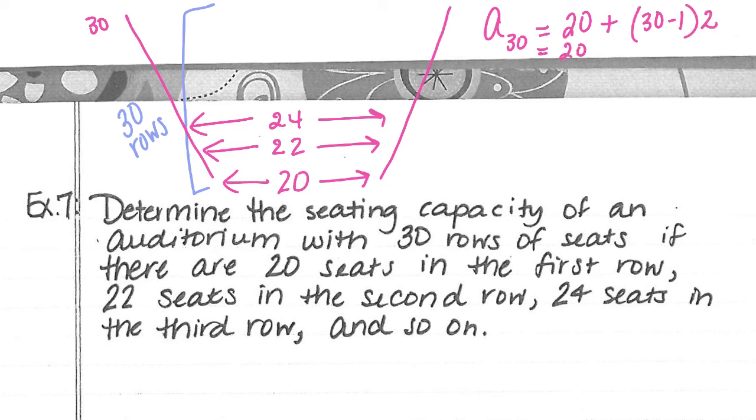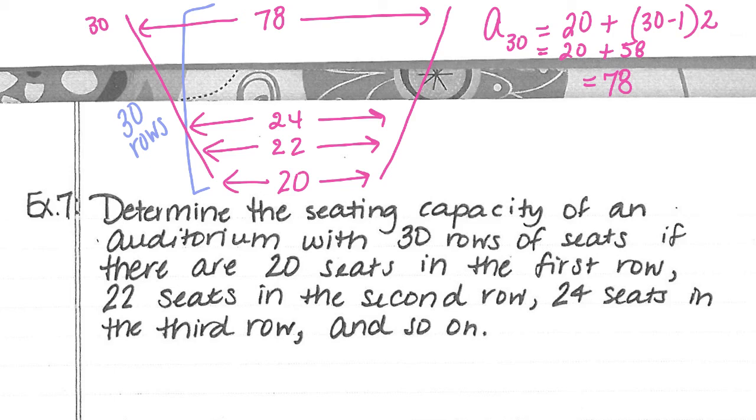So when I put this in my calculator, it looks like that 30th row has 78 seats. Is that what you guys got? 78 seats? Good. So from here, I can now use the sum of the numbers.